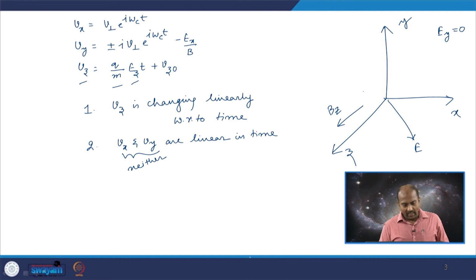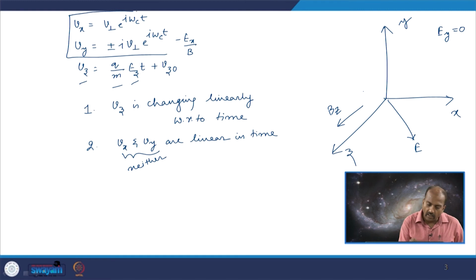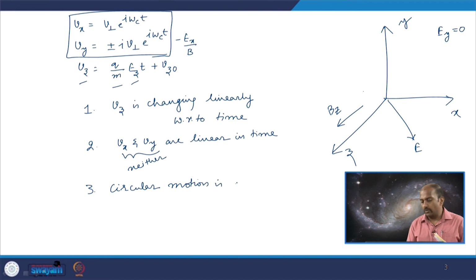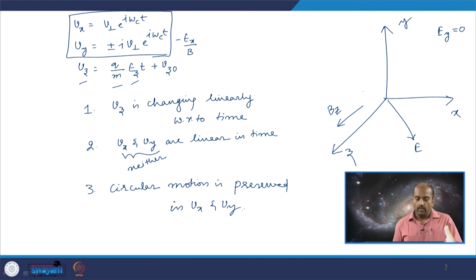Now, what you can realize is that if you expand this and then take a square and add, Vx and Vy are still circular motion. The circular motion is preserved in Vx and Vy, appearing because of the first terms in Vx and Vy.